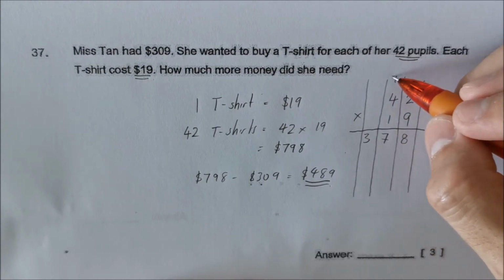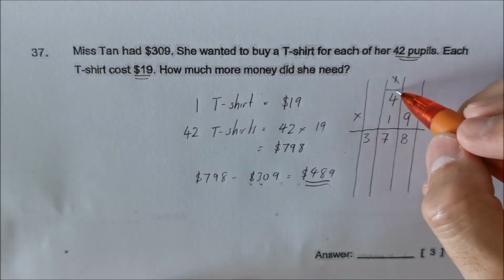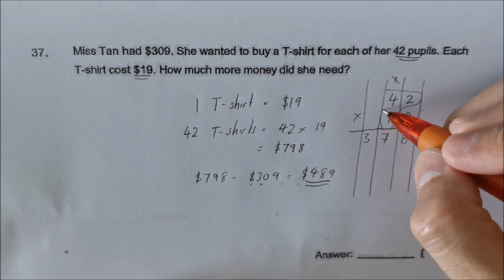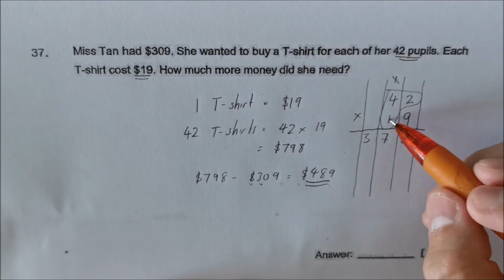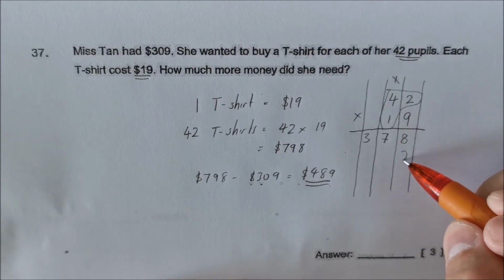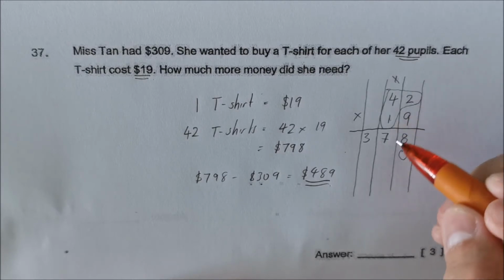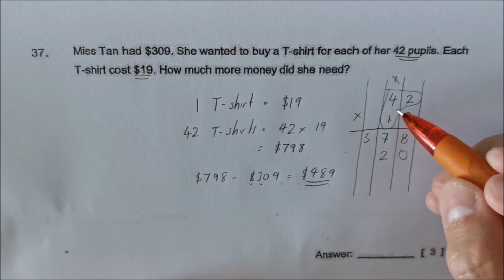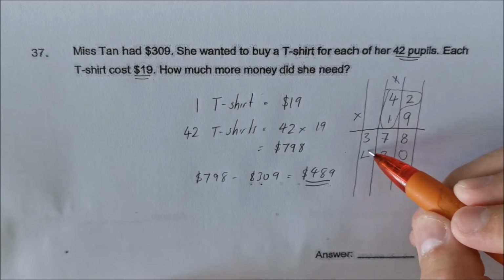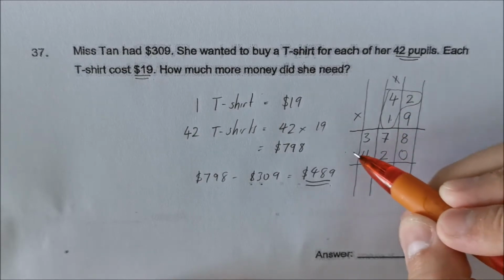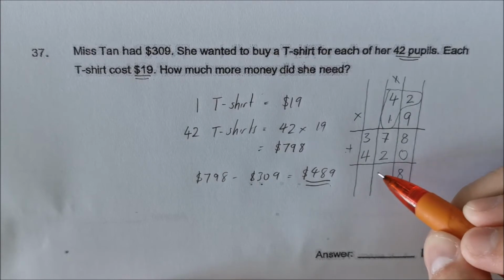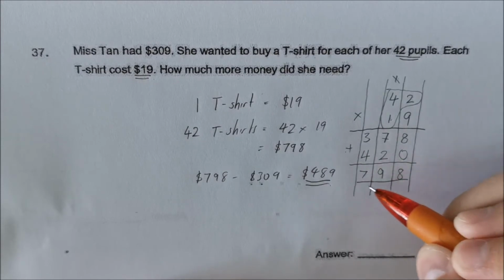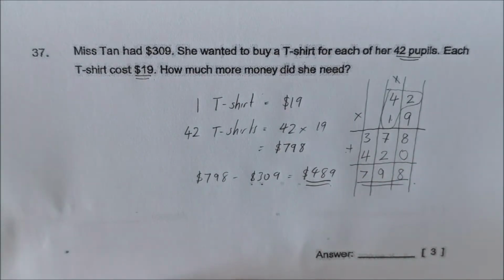Let me cancel this first, so as not to confuse when I do the second part of the multiplication. Because it is in the tens position, I put a 0 here. 4 times 2 will be 8. 1 times 4 will be 4. Done. We just add this up. 8, 9, 7. So we get the answer here.